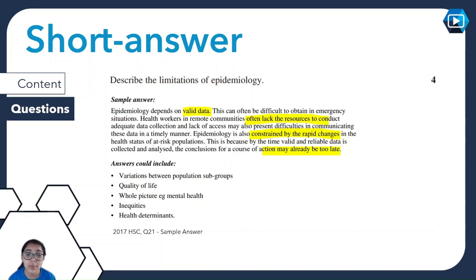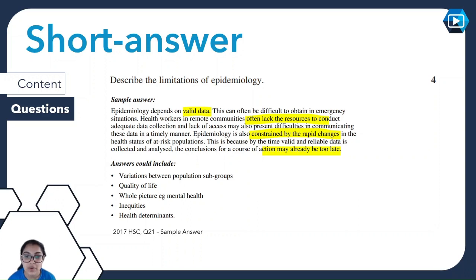And we also spoke about how it is hard to collect epidemiological data that is recent, especially in cases of emergency. So in this sample answer from the 2017 HSC paper: epidemiology depends on valid data. This can often be difficult to obtain in emergency situations.